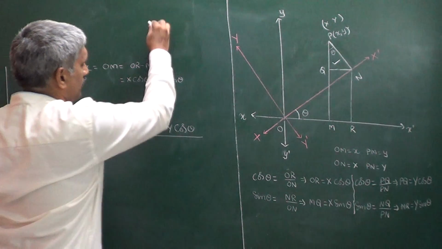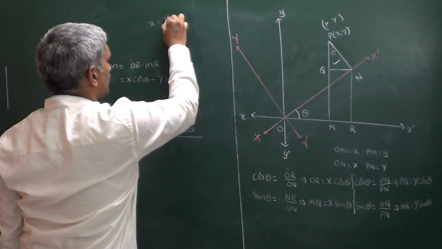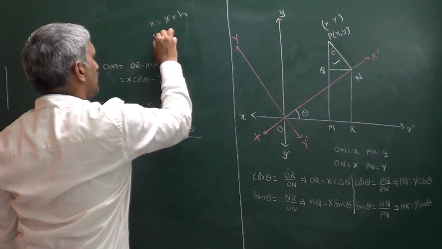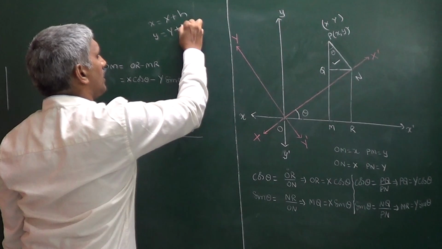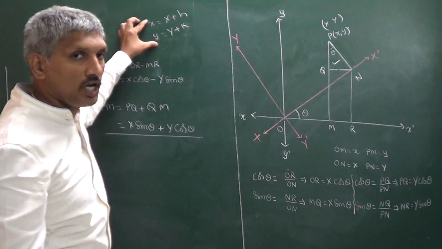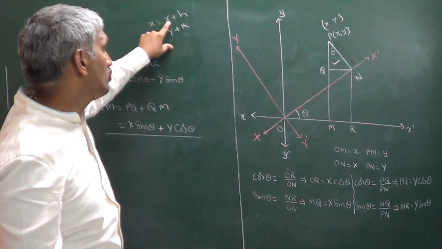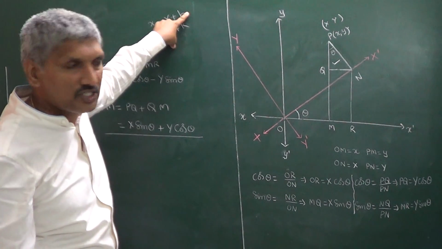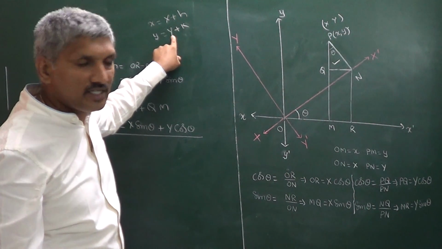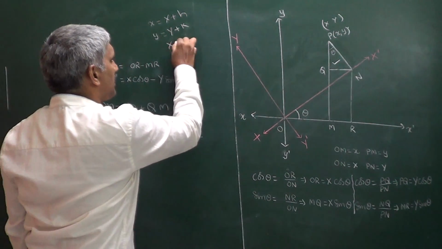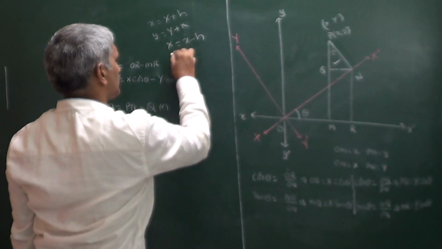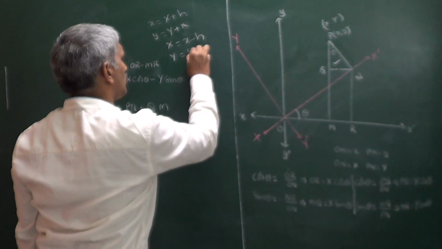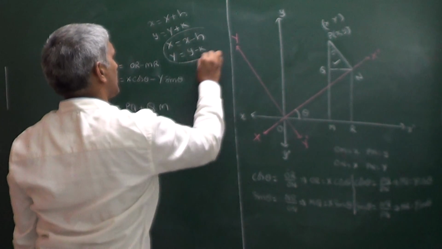So earlier we got x = X + h and y = Y + k. Original coordinates equal new coordinates plus new origin, right? Similarly, from here I can easily write X = x - h, Y = y - k.